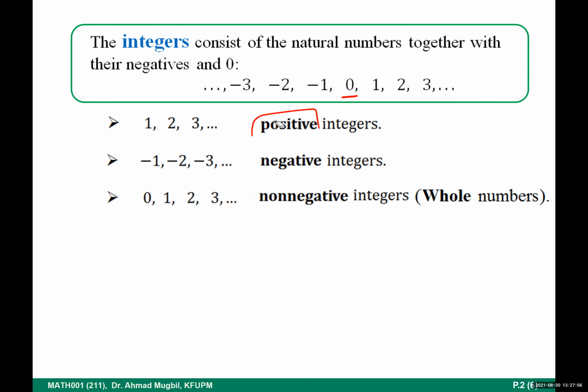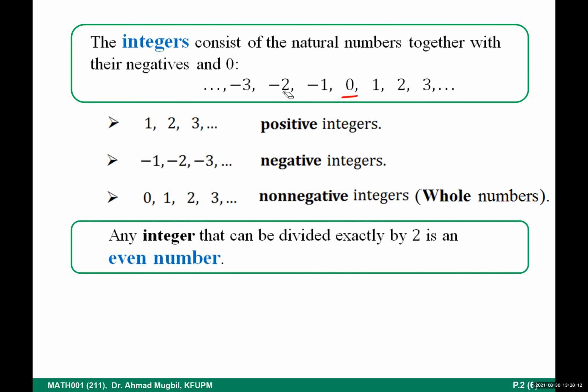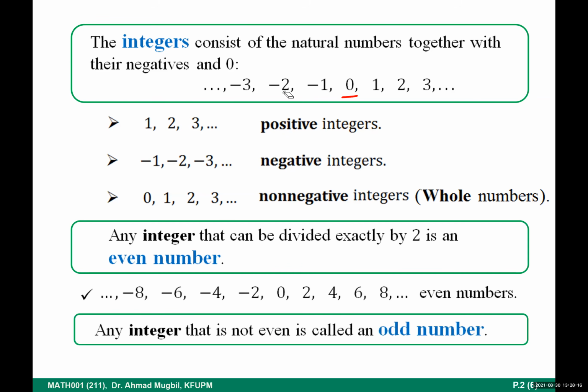Now, let's go back to the need, why we need to extend the numbers more and more. But let me explain that after this. The integers can be classified into 2 types also, even and odd. We have even numbers and odd numbers. These are integers, by the way.